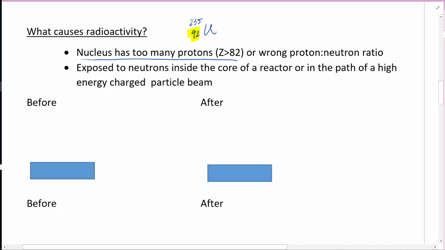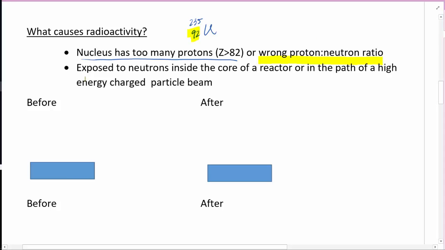And when you start getting too many, there's only so much energy that can hold that together. And so it becomes fairly unstable and starts to spit stuff out of the nucleus. Or it has the wrong proton and neutron ratio. It turns out that those neutrons can actually allow more protons to exist in the nucleus, but it has to occur in a very specific ratio. And if that ratio goes awry, we're in trouble.